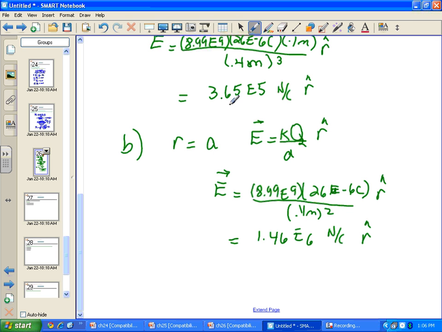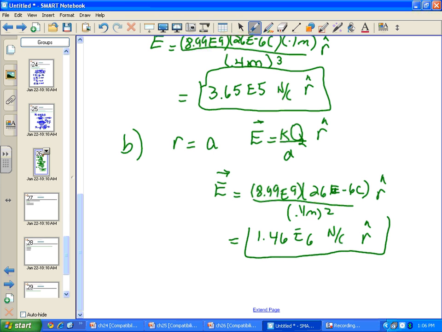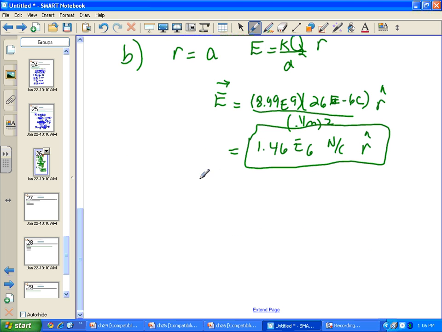And it certainly agrees that when we compare it to the value of the electric field inside the sphere, we get a larger value. Well, what happens as we get outside the sphere? In other words, when R is greater than A?